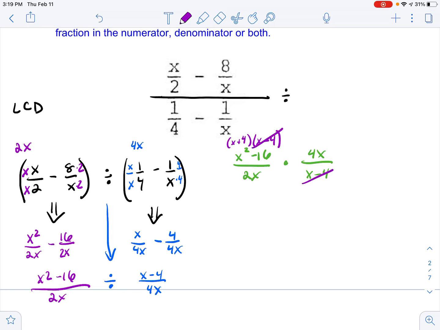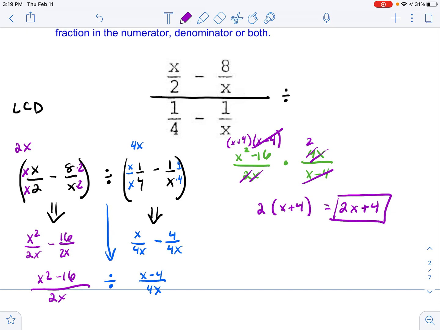So x minus 4 can be canceled. 2 and 4 can be canceled. And x can be canceled, leaving me with 2 times x plus 4 in my numerator, and actually no denominator in this particular question. I could also represent this as 2x plus 4 as my final answer.